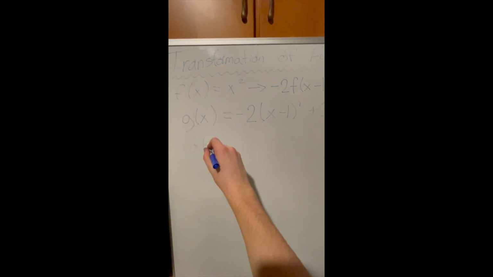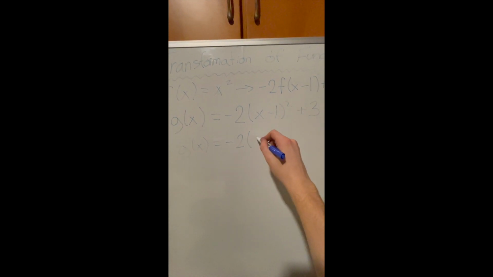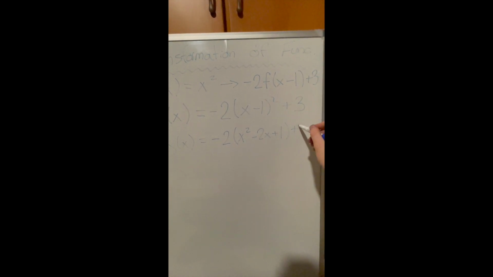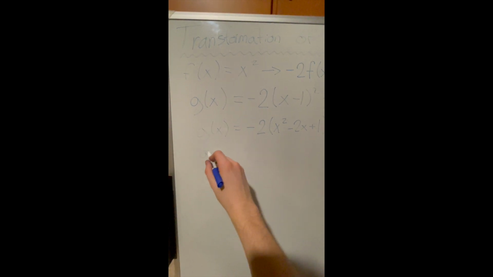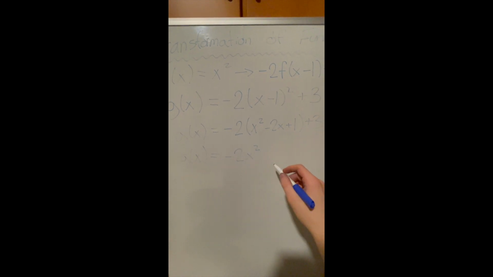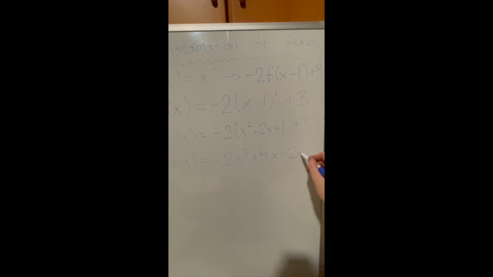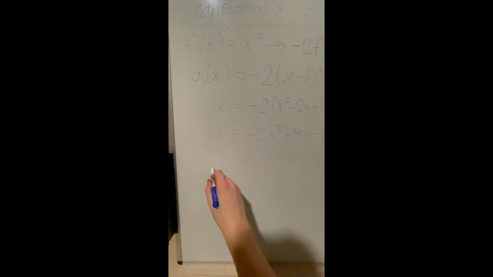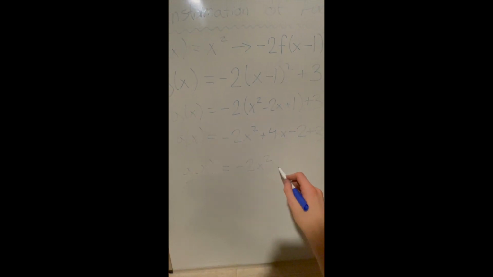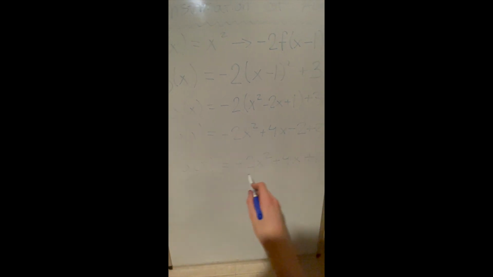This will be minus 2 times x squared minus 2x plus 1 plus 3, which will give us minus 2x squared plus 4x minus 2 plus 3, which is equal to minus 2x squared plus 4x plus 1. So this is the function we're trying to plot.